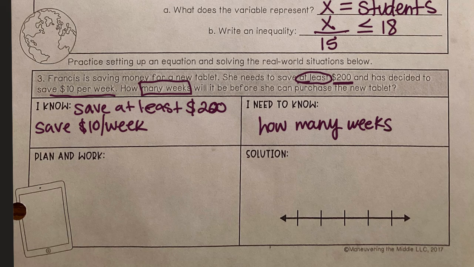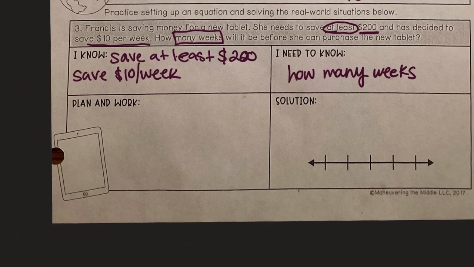So now I'm going to plan my work. Here we go. I'm going to start off with my inequality symbol. It says she needs to save at least $200. So I'm going to put 200 over here. Now, her money that she saves can be more than $200 because at least is her bare minimum, or it can be equal to $200. At least or equal to $200.